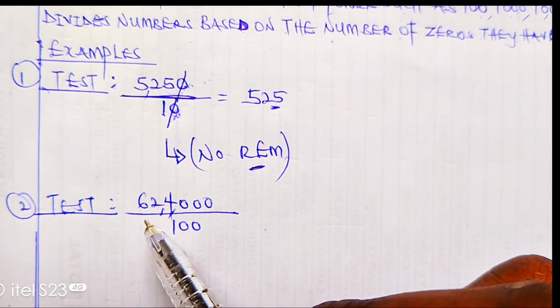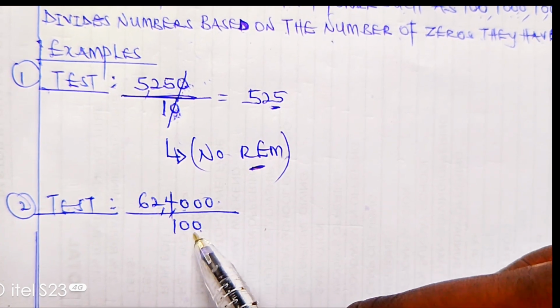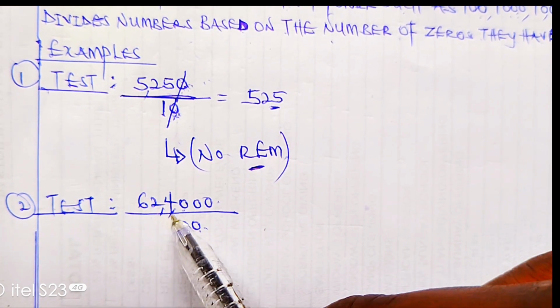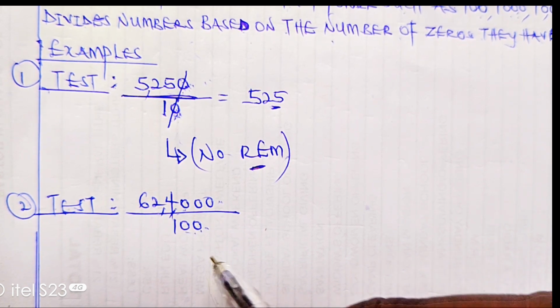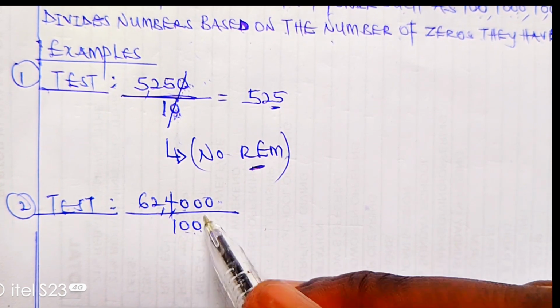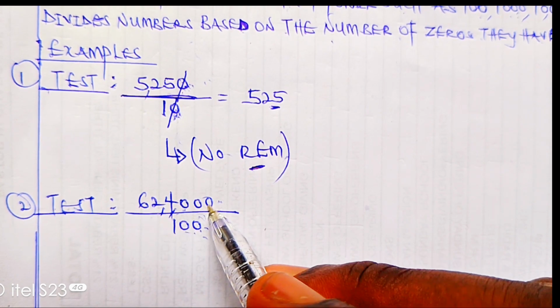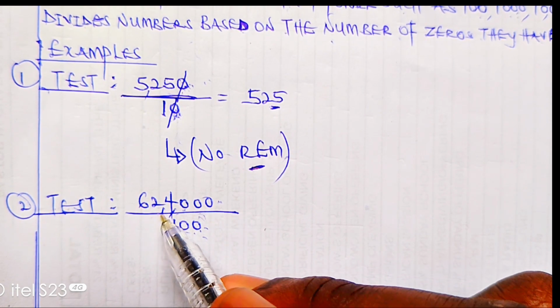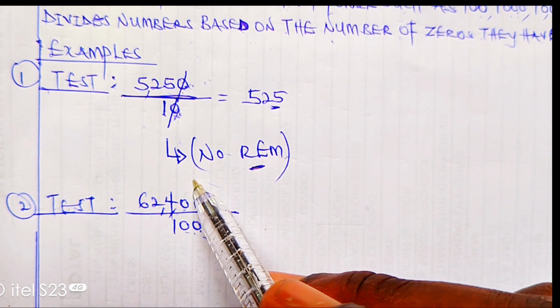Now look at the next one. Test or proof: 624,000 divided by 100. How do I get to know if 100 will divide 624,000 without a remainder? It's very easy to tell. The question is, how many zeros does 100 have? 100 has 2 zeros. So this number that's about to be divided, how many zeros does it have? This number has 3 zeros.